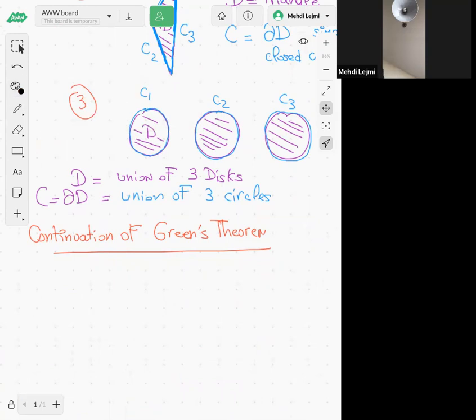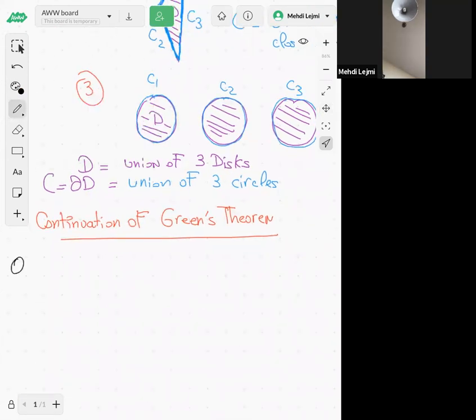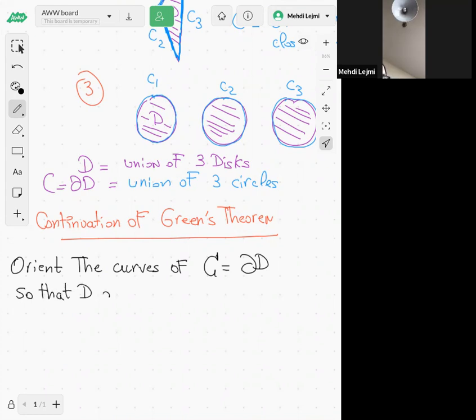So we need to orient the curves of C, which is the boundary of D, so that D is on the left.